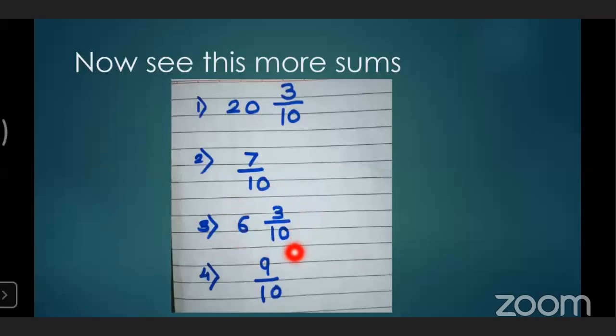Now observe the last sum, 9 upon 10. Is it a decimal fraction? Yes, because 10 is at the denominator place, right?